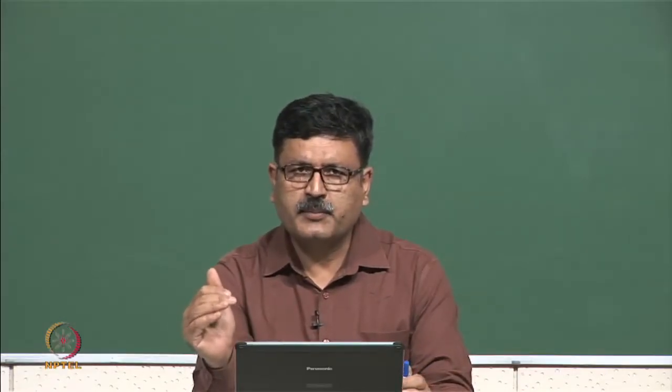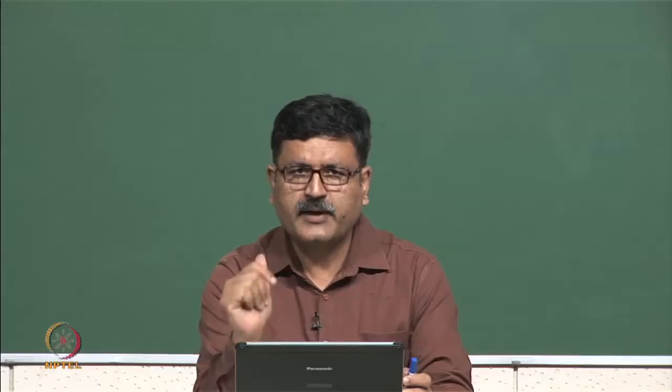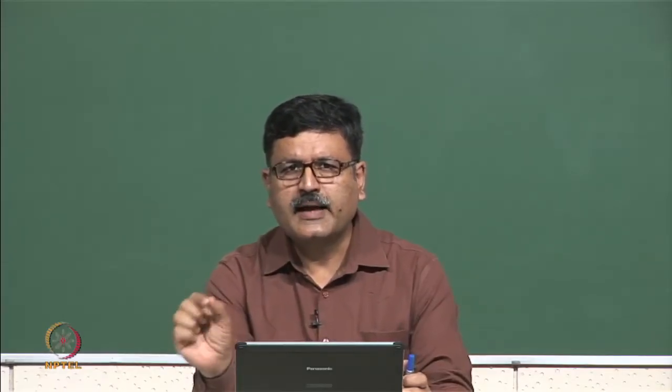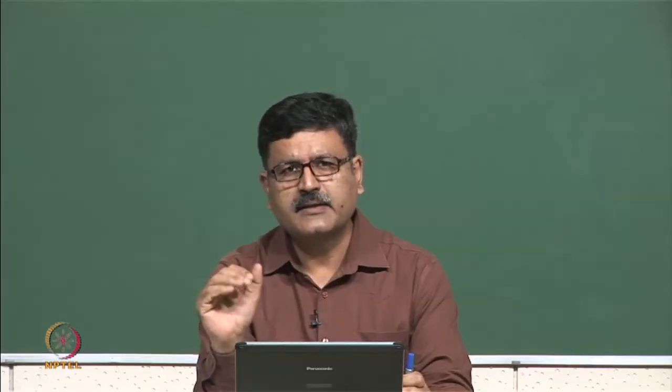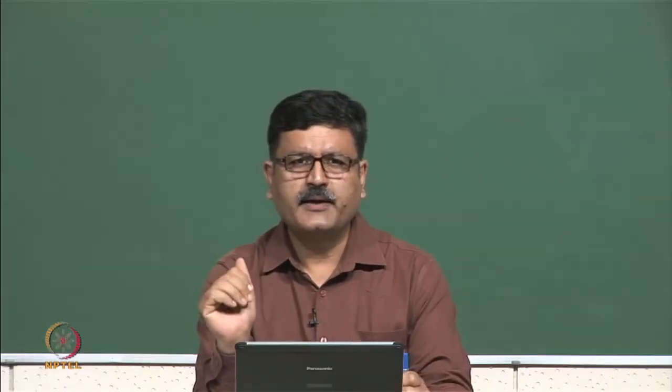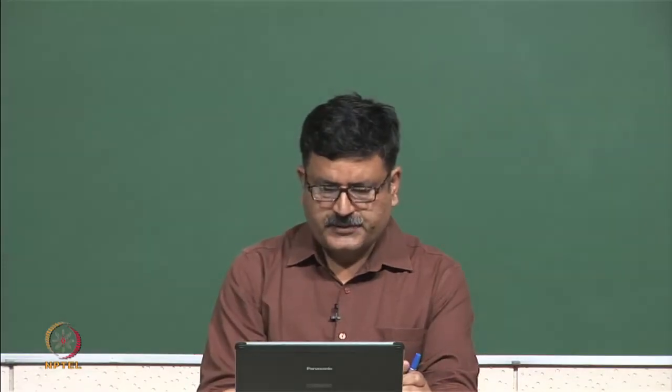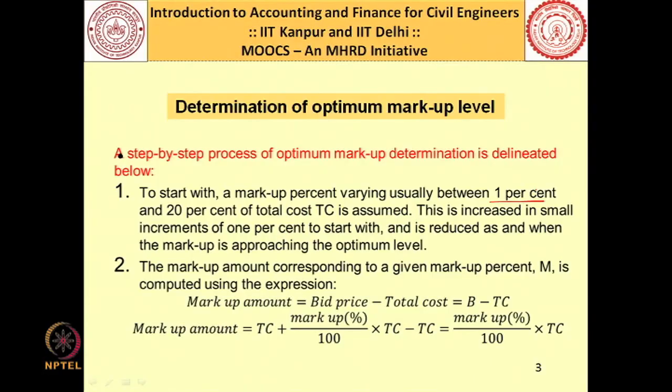So, for the first case, I am going to find out the optimal markup amount from Friedman's model. Likewise, I am going to do this for Gates model, and then at the end I am going to take the average, and that is what I am going to apply on my bid. So, coming to the next steps, now you know how to calculate the markup amount. I have already explained you. If you want to use the formula, you can use it.